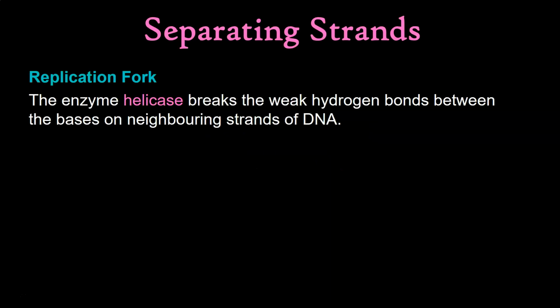All right. Well, we have a strand of DNA, and the first thing that has to happen is that the two strands, the two sides, have to separate. And that separation is caused by an enzyme called helicase, which breaks those hydrogen bonds between the bases on the neighboring strands of DNA.